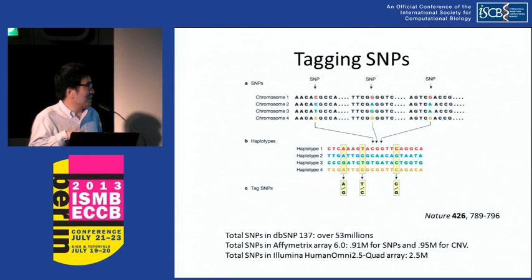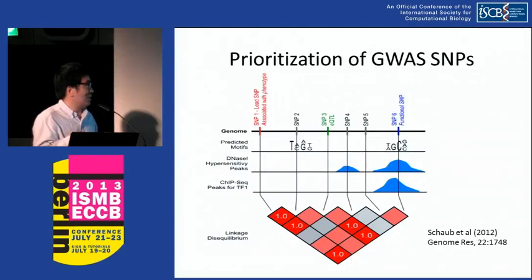Then even if your chip finds some SNPs that are significantly associated, a GWAS SNP doesn't mean that it is really a functional SNP, right? Because GWAS tagging is based on the LD information, even if they are in perfect LD, the functional annotations are different.